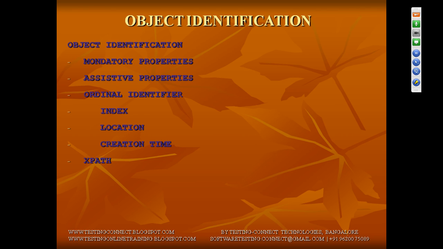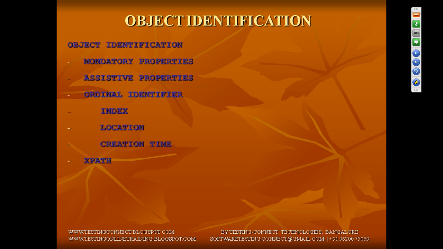Along with these identification mechanisms, in the latest version of QTP, like QTP 11, they come up with XPath identification. What is XPath? You are residing in some house, right?